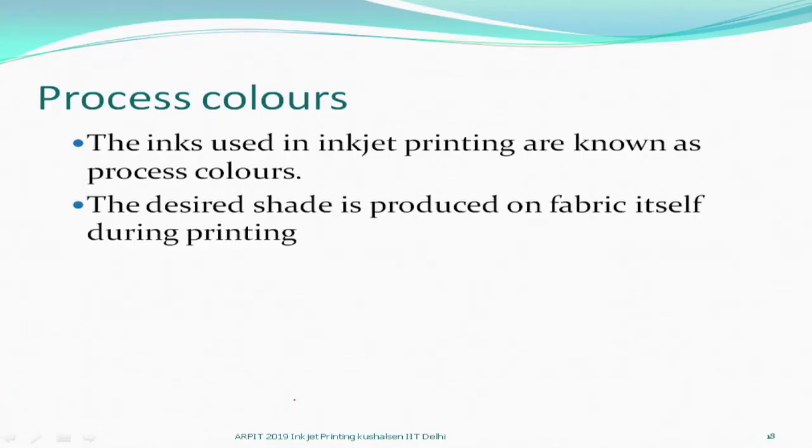Other colors, which are called process colors, are different. For example, the inkjet printing process uses colors which are not mixed before. Let us say we said 4 colors, they are 4 colors, they stay separate, do not mix them. The desired shade is obtained on the fabric during printing. So, these are called process colors.